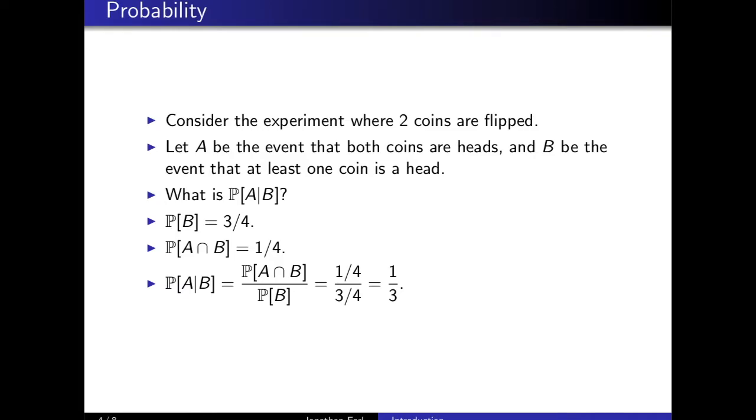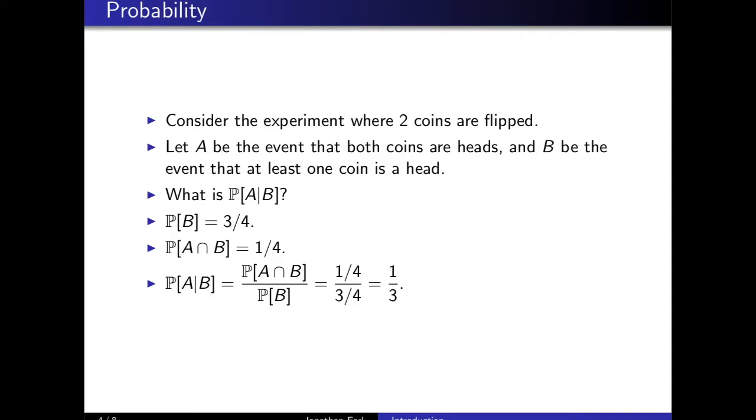Well, we also said that the probability of A and B, and really in this case the probability of A and B is just the probability that both coin tosses are heads, and we said a moment ago that that probability is 1/4. So the probability that both coin tosses are heads, given that at least one of the coin tosses is a head, is going to be 1/4 divided by 3/4, or 1/3.